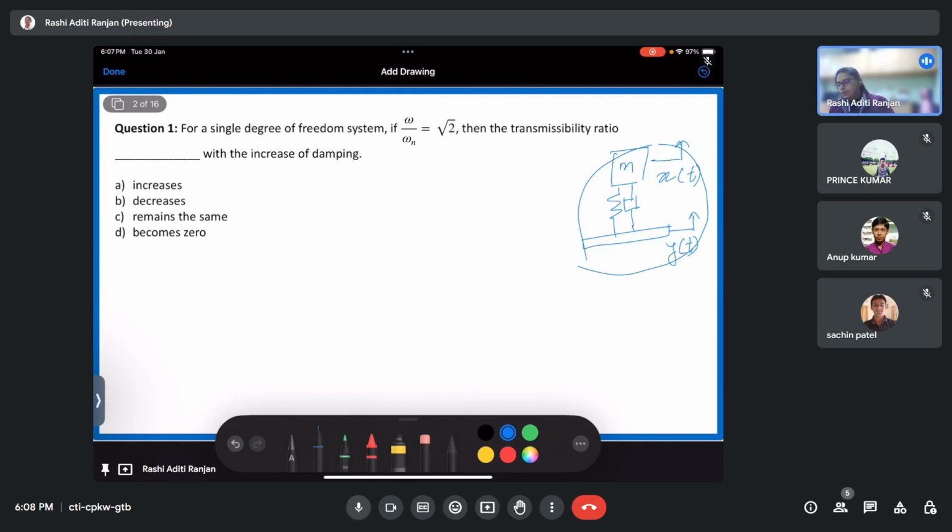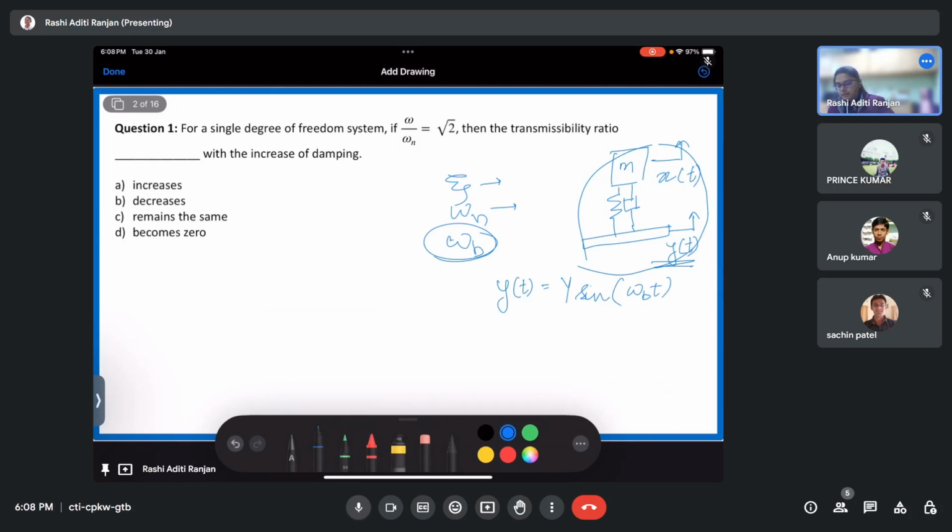Okay, so for this linear system, if we define epsilon as the damping ratio, omega n as the natural frequency of the system, and omega b as the frequency of vibration of y of t. We are assuming y of t is equal to capital Y sine of omega b t, correct?